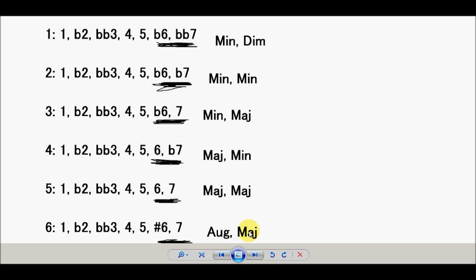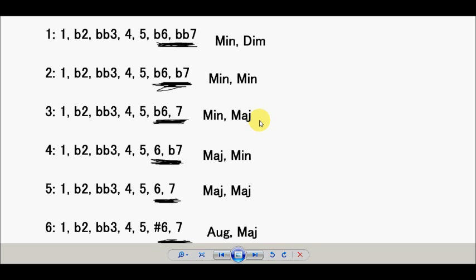And how this works is that you could imagine that the 6th and the 7th scale degrees are trying to move to the right. And for the first 3 scales, the 7th makes this journey from diminished in the first scale to minor in the 2nd scale, and then major in the 3rd scale.